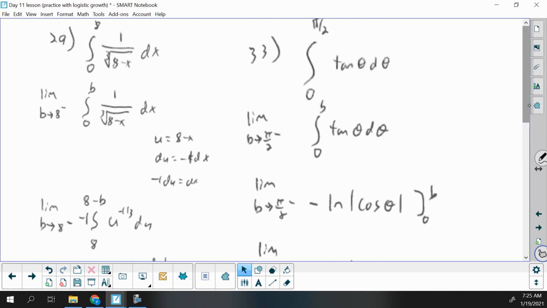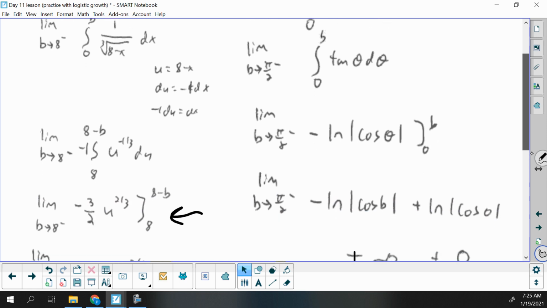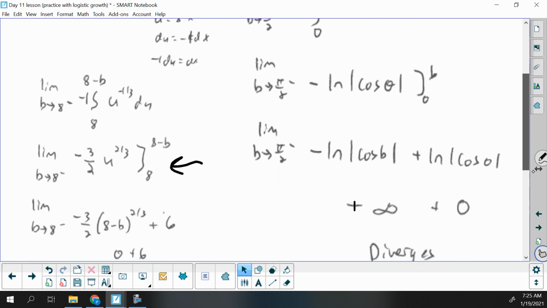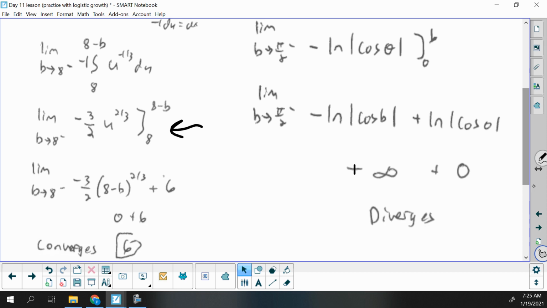Here, tan has an asymptote at pi over 2, so we got to change that to b approaches pi over 2 from the left. Your antiderivative of tan is negative natural log absolute value cos theta. Fill in your b and fill in your 0. Cos of 0 is 1, natural log of 1 is 0, that gives us that part.